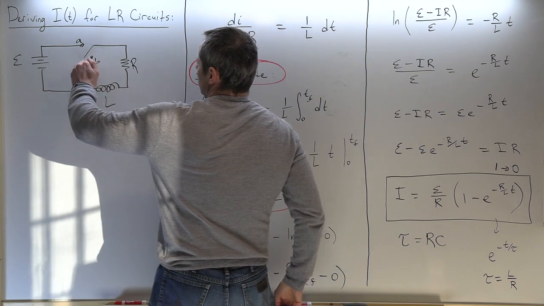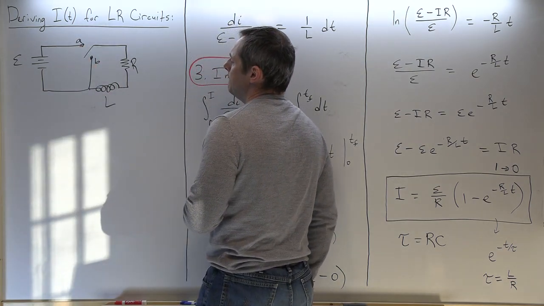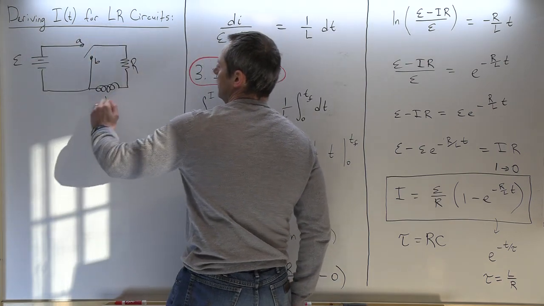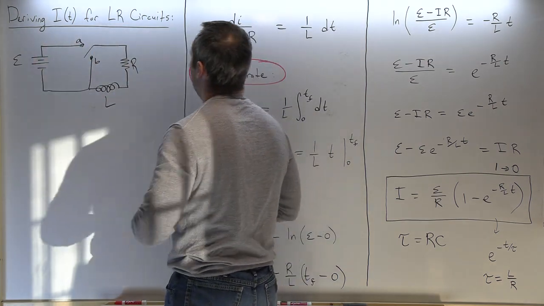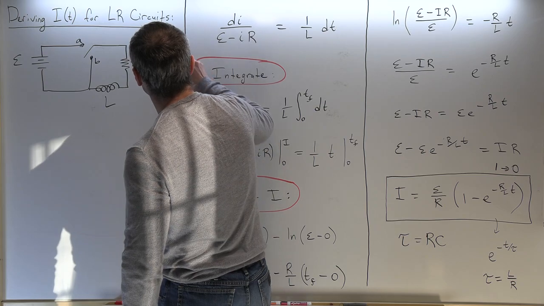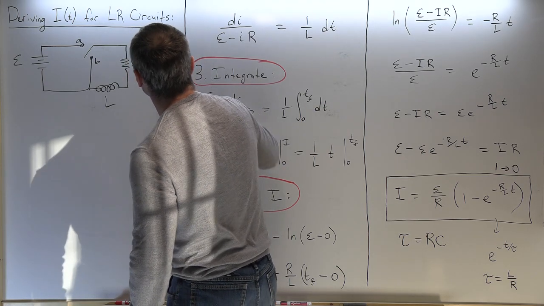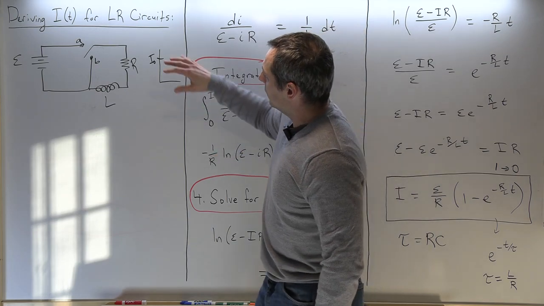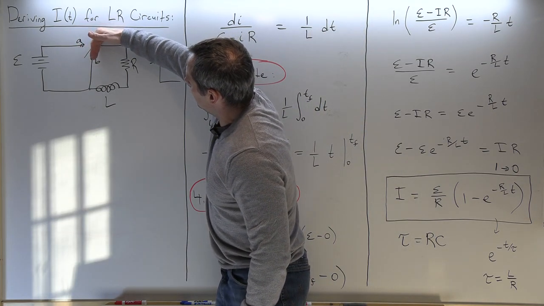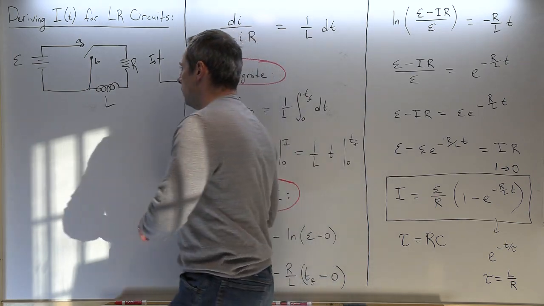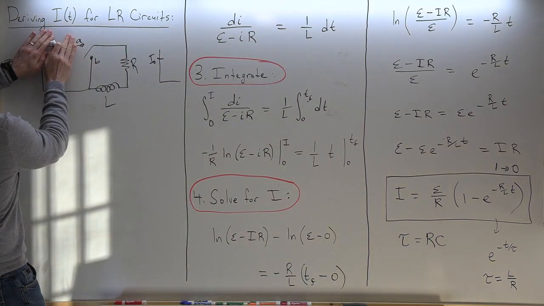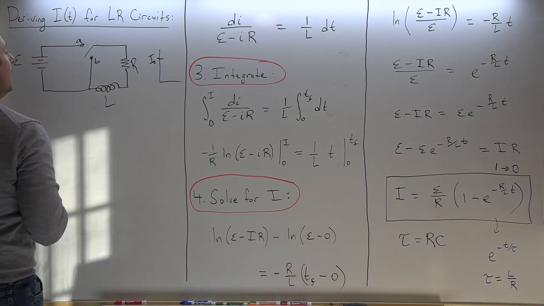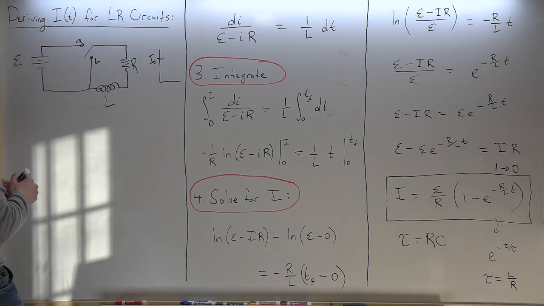What you could do is flip this switch into position A, and that will allow current to build up in this loop over here. Eventually we're going to have some I0. Then we flip this down into position B, and therefore this part of the loop is gone, and all we have is an inductor and a resistor. So that's what we analyze.